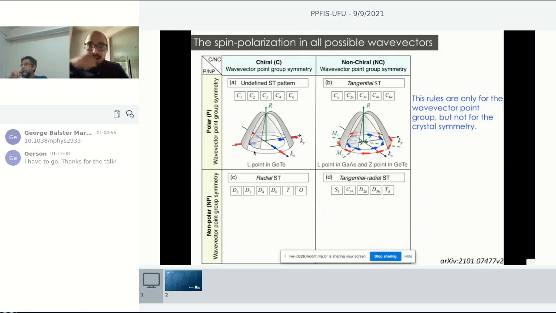Well, now when we look at the case when we have one polar axis, this means a polar point group, as you see here in the top part of the figure. But you also have planes. This means that the polar group is non-chiral. Then you have now some symmetry rules for the spin.